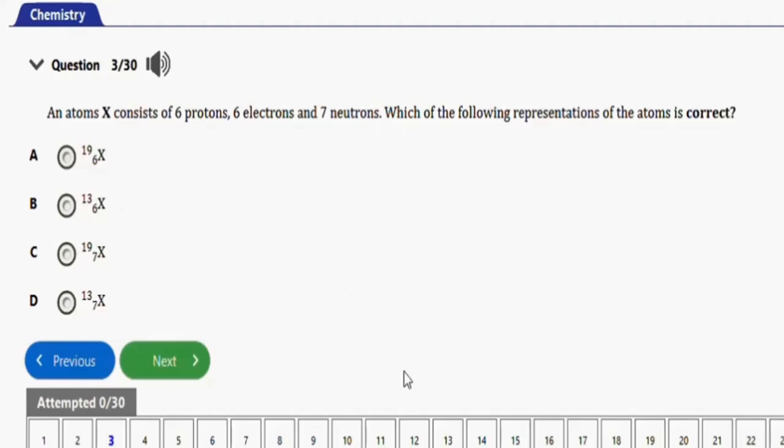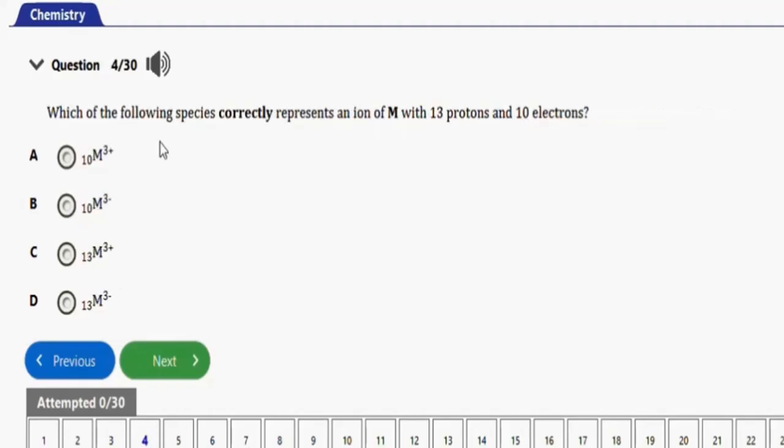The next question says which of the following species correctly represents an ion M with 13 protons and 10 electrons? Since it has 13 protons and 10 electrons, the right option will be option C. This is aluminium, and it's a charged atom.